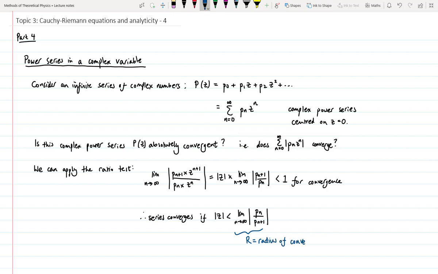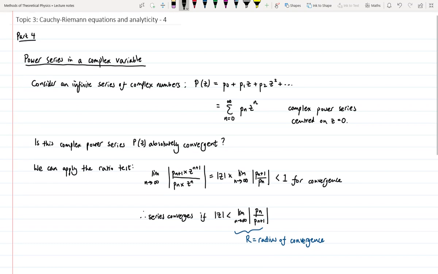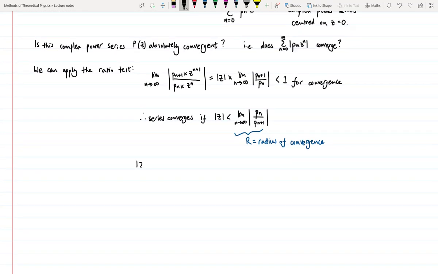And you can compare this to the interval of convergence on the real number line that we saw when dealing with real power series. We can say that if the modulus of z is less than r, then P of z is an absolutely convergent power series.